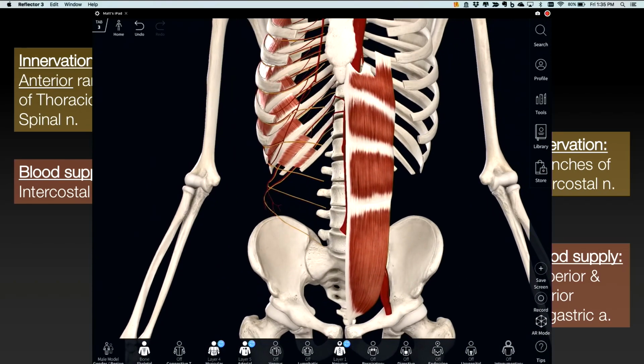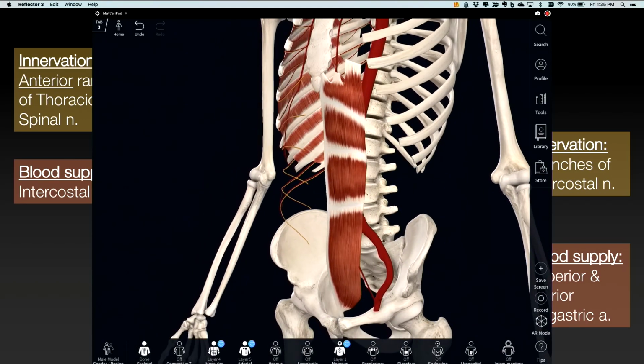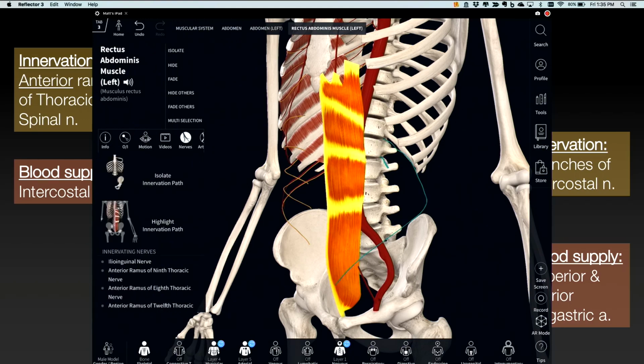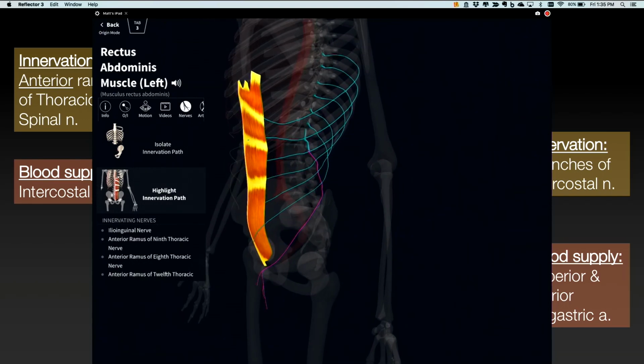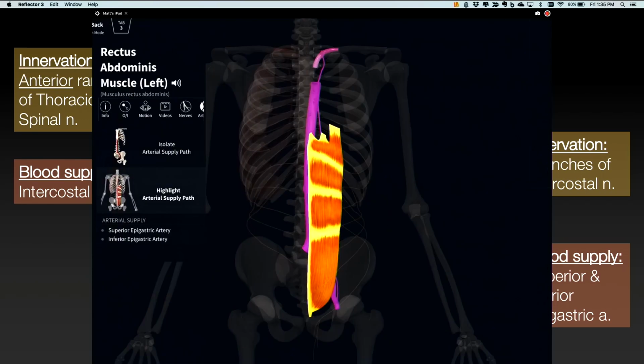You can see the entire span of the rectus abdominis. If we take a look at the nerves of the rectus abdominis, projections of the intercostal nerves, no major surprise there. But the arteries are somewhat different.